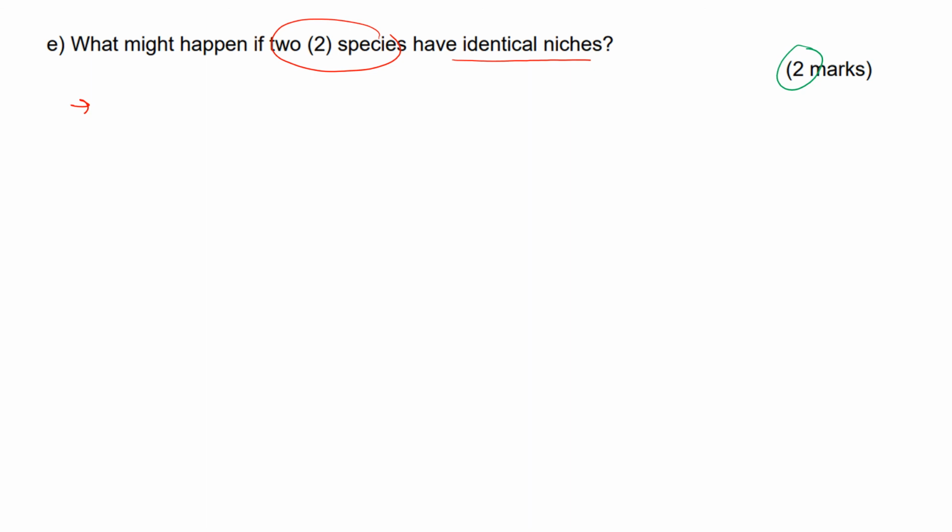The other species will not be able to survive because they are not able to compete successfully and would eventually die off. So you have to explain competitive exclusion. Okay, so that's it for question 2. The next video we are going to discuss question 3.